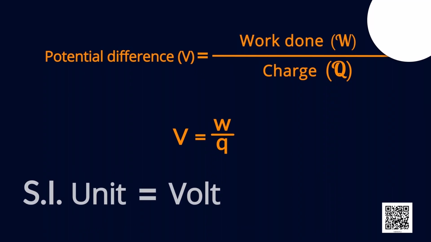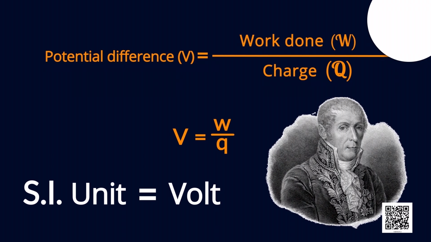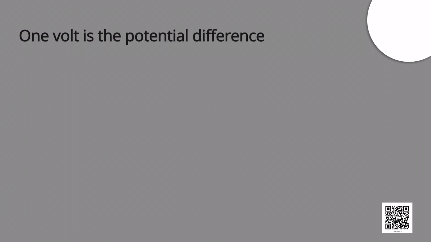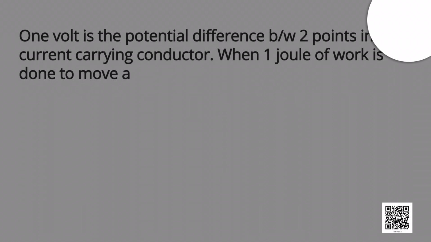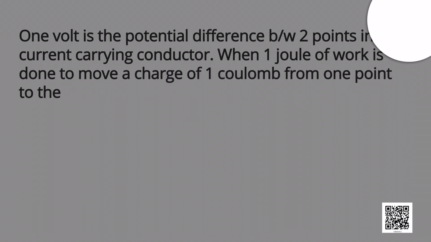The SI unit of potential difference is volt, named after Alessandro Volta, an Italian physicist. 1 volt is the potential difference between 2 points in a current carrying conductor when 1 joule of work is done to move a charge of 1 coulomb from one point to the other.